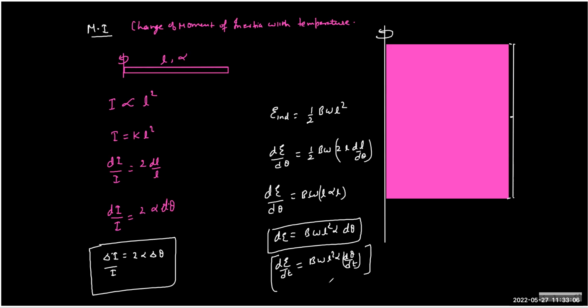So things like this can be created in questions. Any question where the dependency is on temperature, I can link with the expansion chapter. That's the whole idea. So try to understand that we can apply this concept anywhere, in any scenario. So let's say we have two fixed supports and there is a string oscillating.